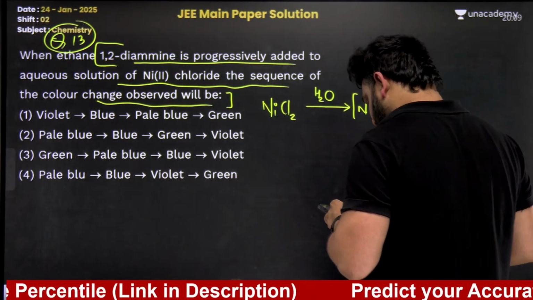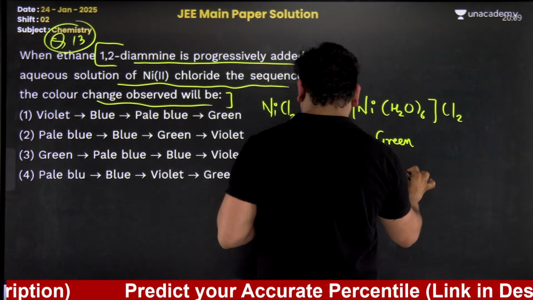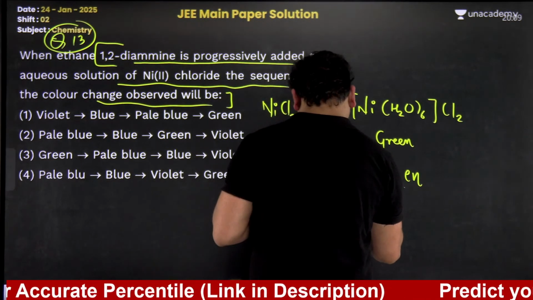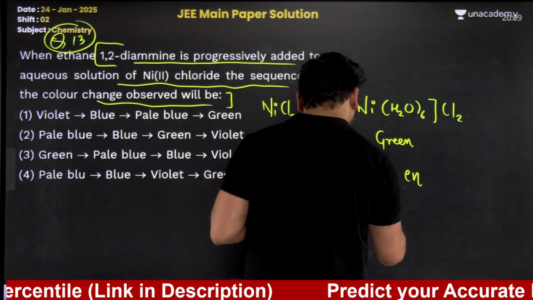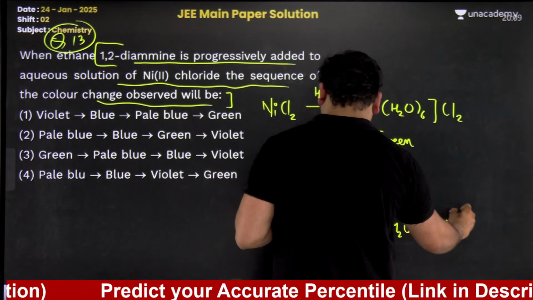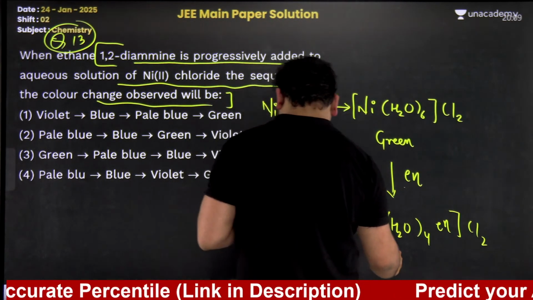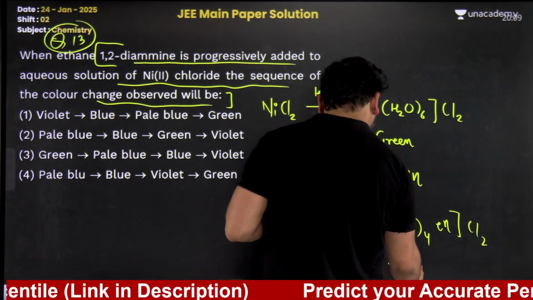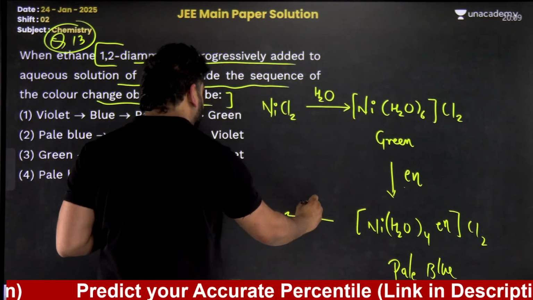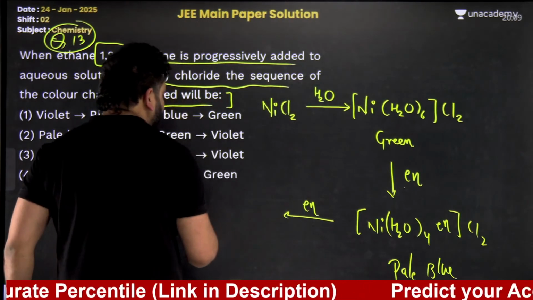So see guys, first when we add en, ethylenediamine, this forms a complex [Ni(H2O)4(en)]Cl2, which is pale blue. And then after adding one more equivalent, this intensity will keep on increasing.